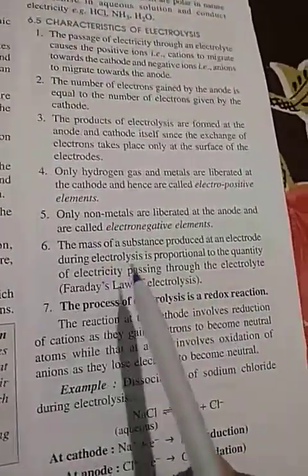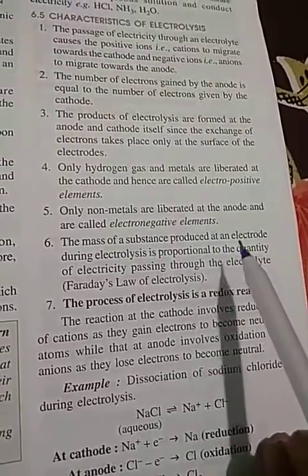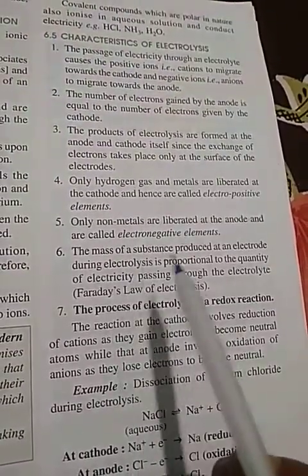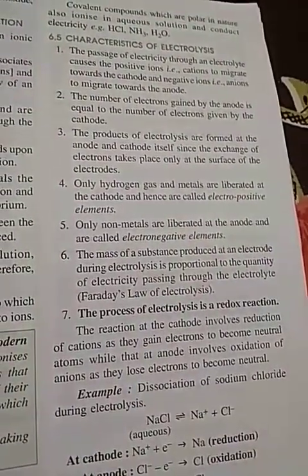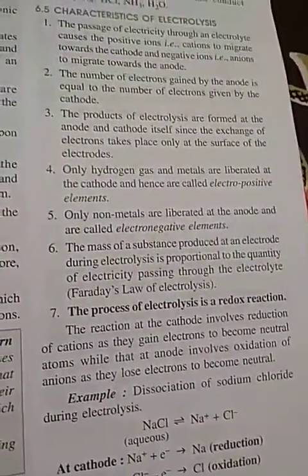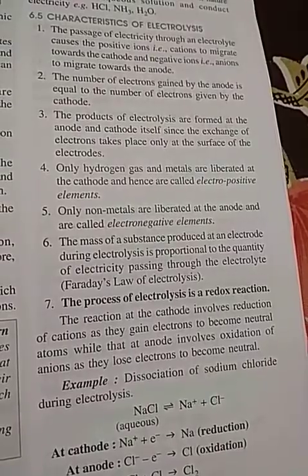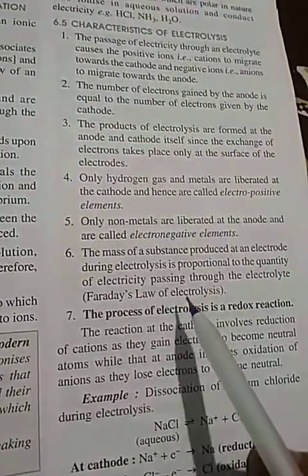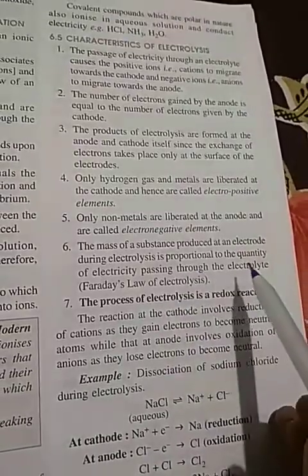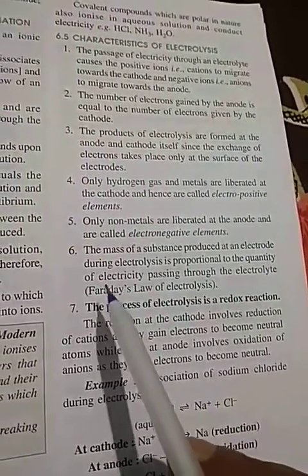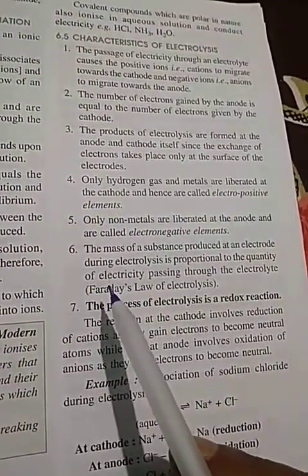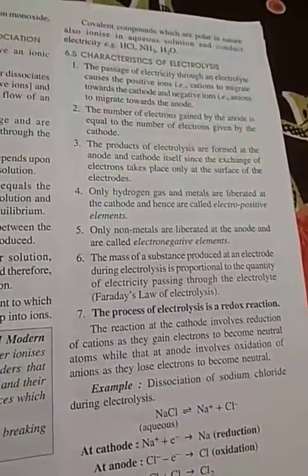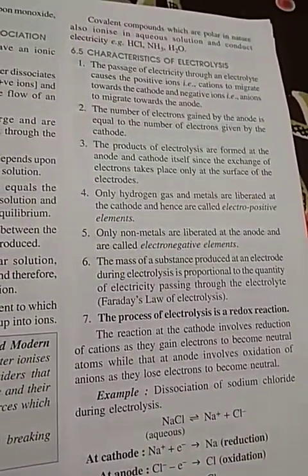And the mass of substance produced at the electrodes, whether it is the cathode or anode, whatever mass is produced at the electrodes during electrolysis, is directly proportional to the amount of electricity passing through the electrolyte.